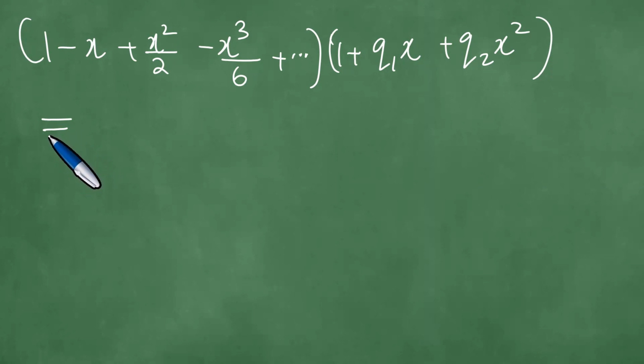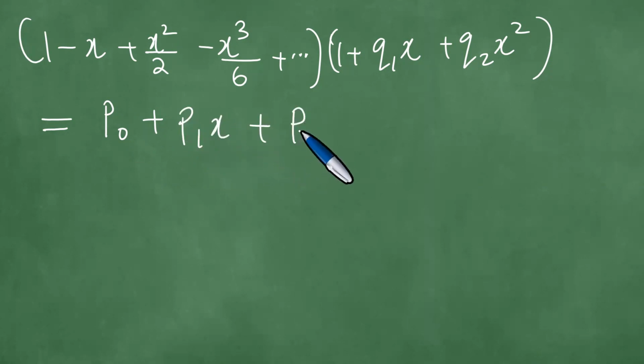The couple of things I want us to analyze here is that we equate this to P0 plus P1 x plus P2 x squared plus P3 x cubed, like this.